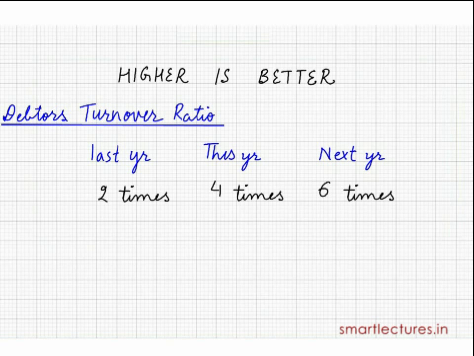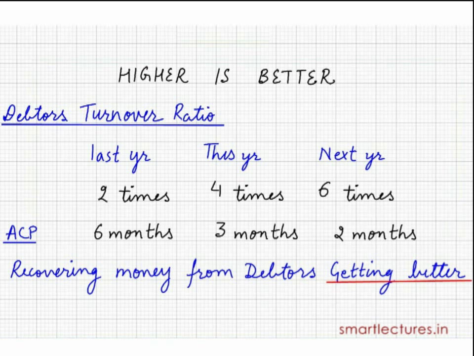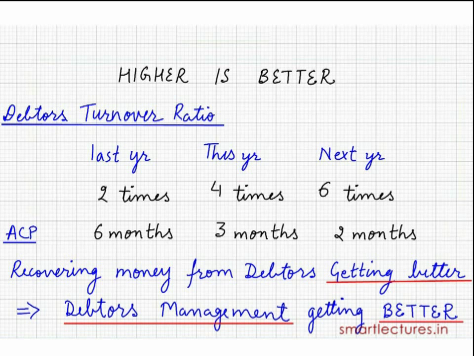In the first year, average collection period was 6 months. In the next year, the average collection period was 3 months, and in the next year, the average collection period was 2 months. It means your recovery from the debtors is getting better and better. It means your debtors management is getting better.